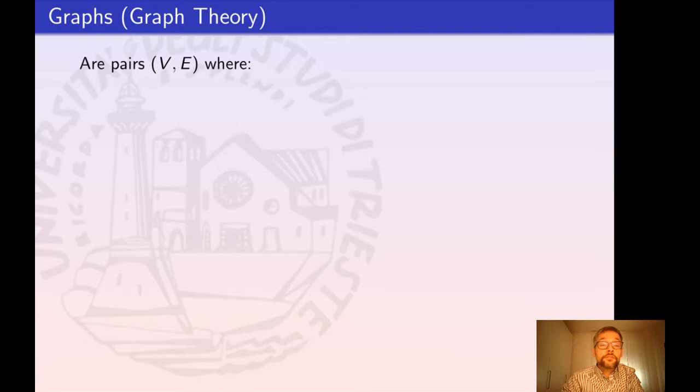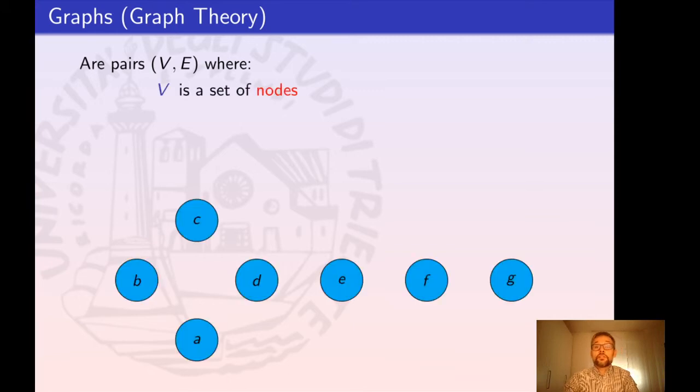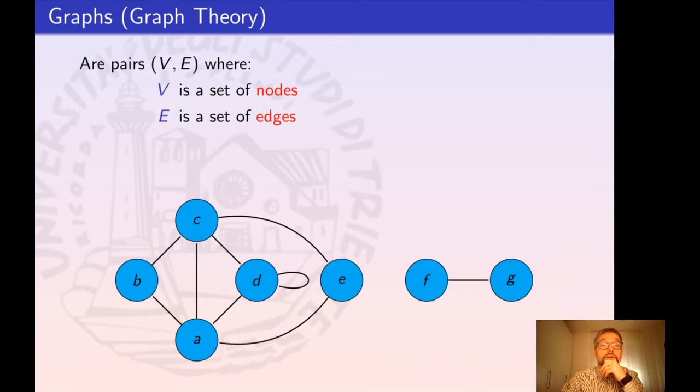So a graph is a pair consisting of two sets, basically V and E. The set V is the set of the nodes of the graph, and you can represent them just as a ball, as you can see on the slide. And the set E is the set of edges, which are basically meant to connect, to relate, the nodes of the graph itself.